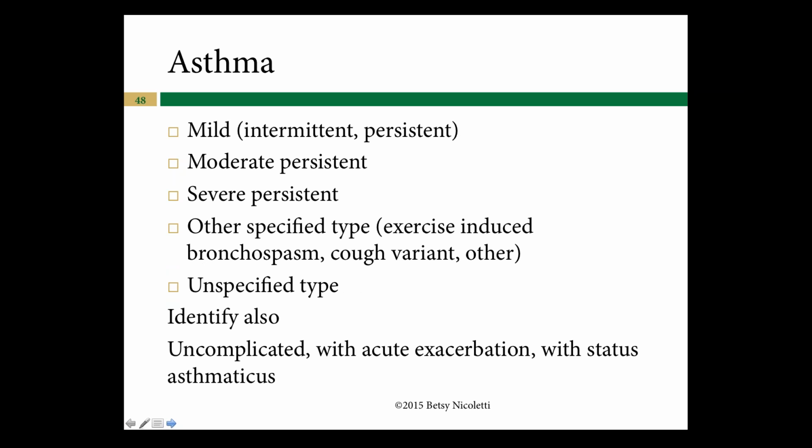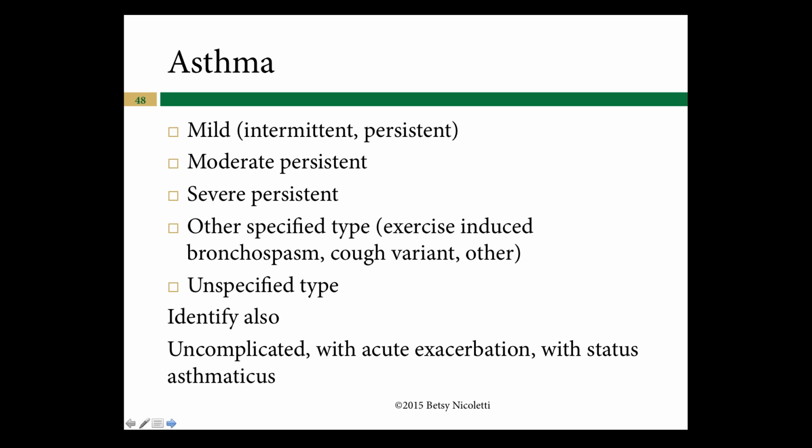For asthma, we have codes for mild intermittent, mild persistent, moderate persistent, severe persistent, and then there are two codes for other specified types, exercise-induced and cough variant, which we also have. There's a code for an unspecified type of asthma. We're going to try not to use that. And then identify also, is the moderate persistent asthma uncomplicated, with an acute exacerbation, or with status asthmaticus? Too many.